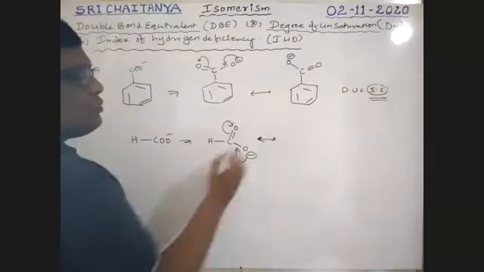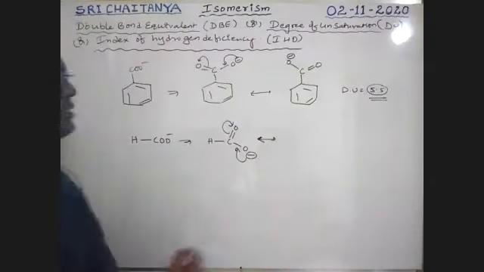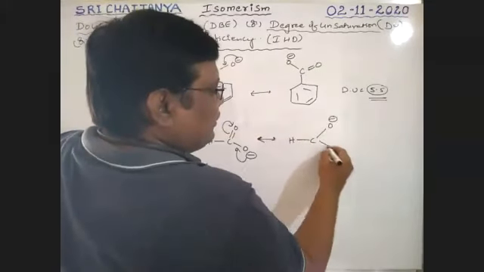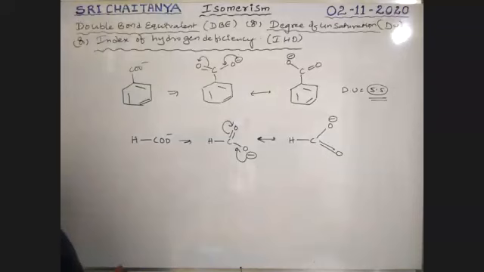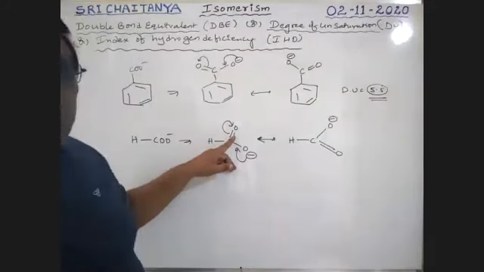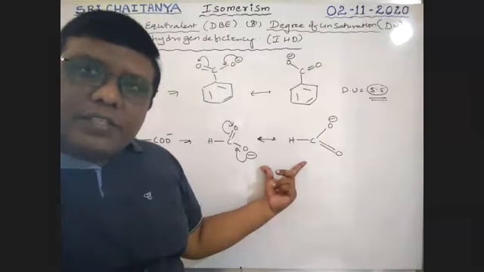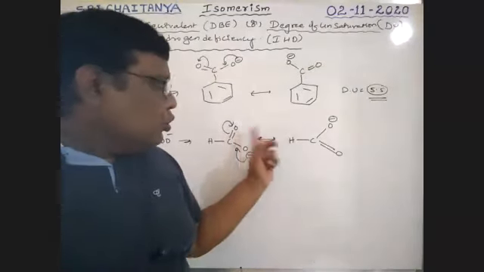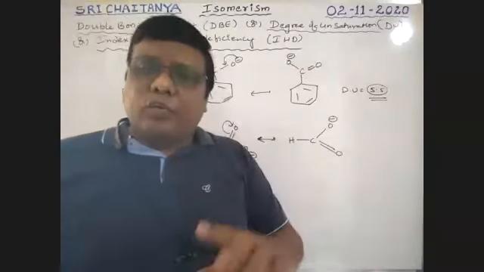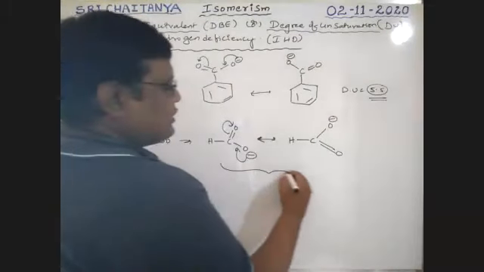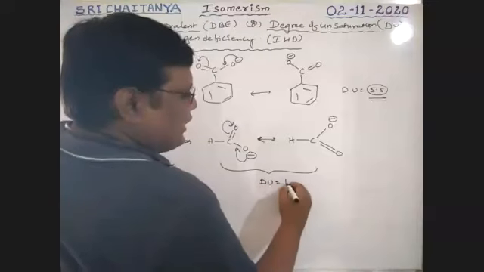The pi bond is here and the pi bond is here, so these two are identical. But because of resonance, the 2 bonds are considered as 1 and a half. Therefore, degree of unsaturation in this case is 1.5.